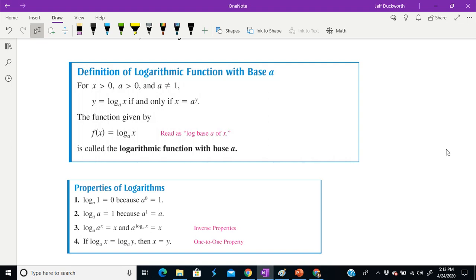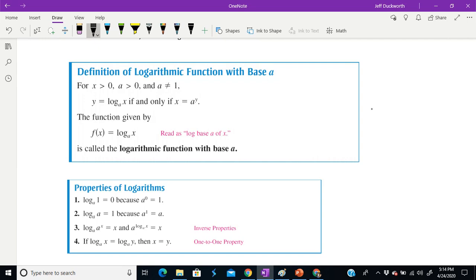So if you have y equals log with a base a, and that little guy down there is the base, y is log base a of x if and only if x is equal to a to the y power. So there's a conversion that we can make when doing that.